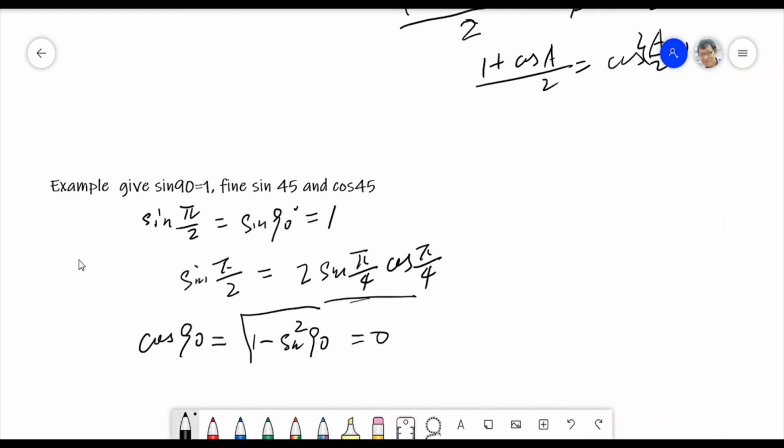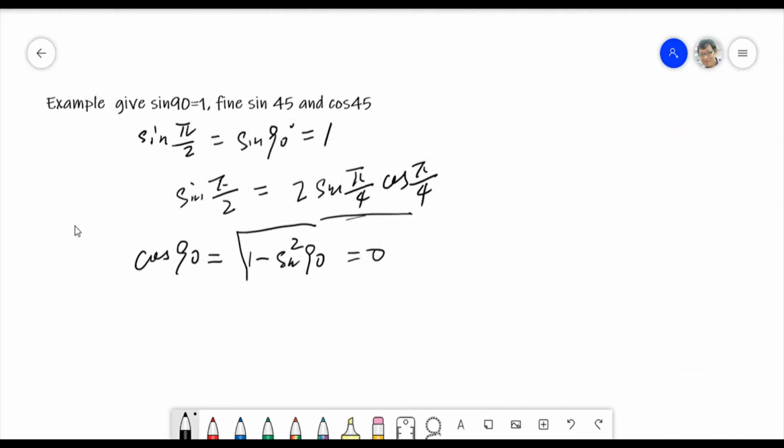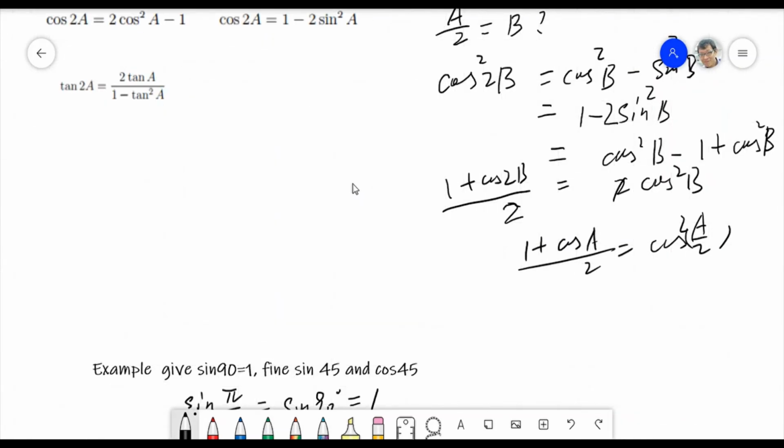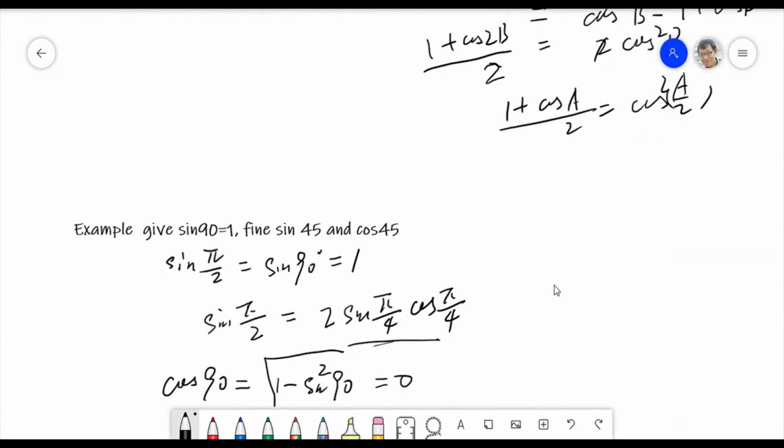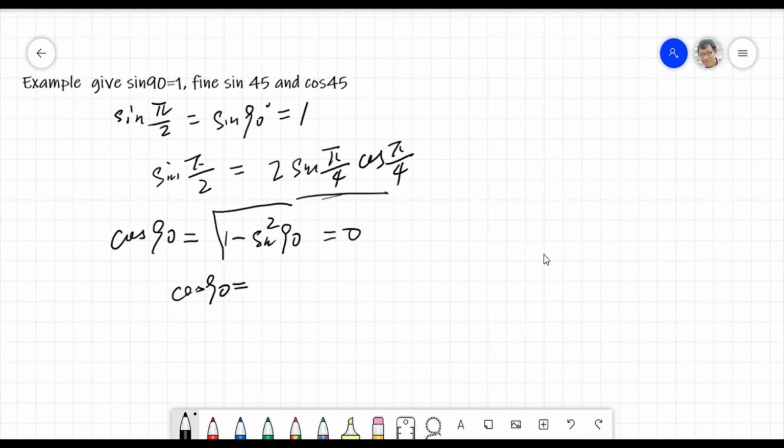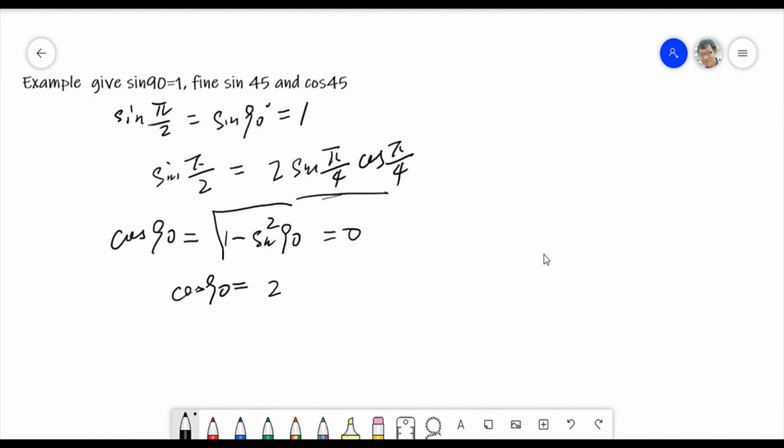So remember, we already learned that cosine 2a is equal to 2 cosine squared a minus 1, right? Let me double check. So it's equal to 2 times cosine squared 45 minus 1. Here it is 0, so 2 cosine squared 45 minus 1 equals 0.